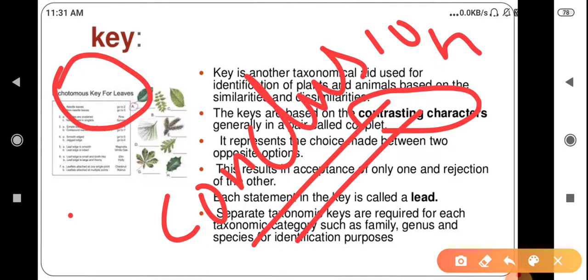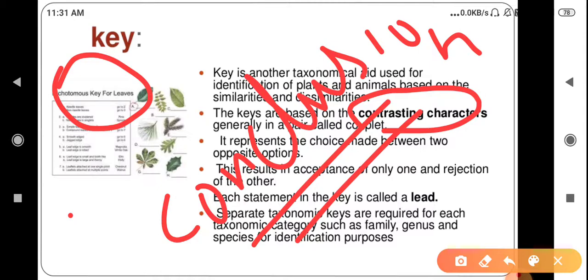And this will be done for a particular category, such as if you are identifying a family, a genus and species, you have to make various leads, and then you identify the organism. So this is all about chapter 1.